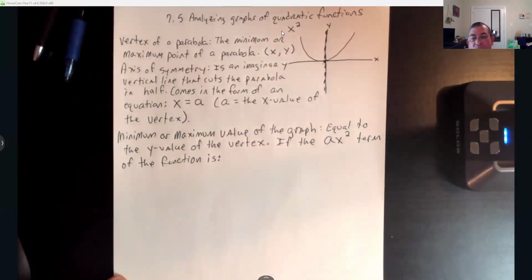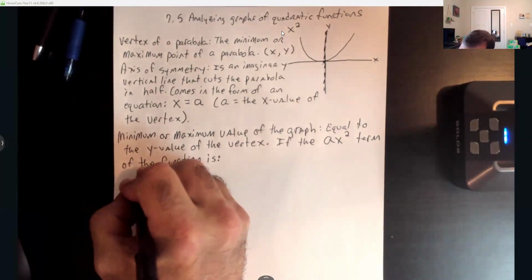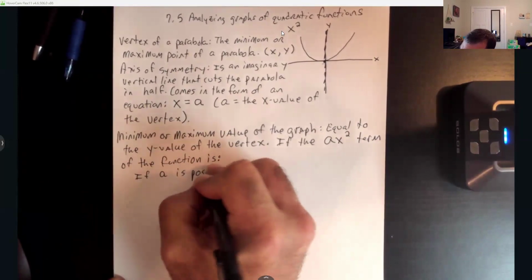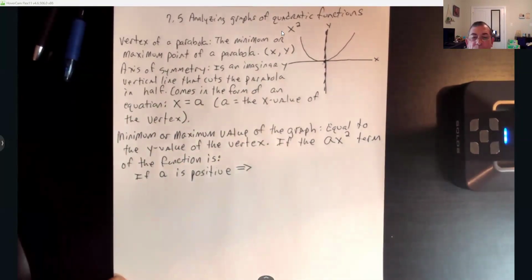Y'all, I'm looking at the first term of the function, the ax squared term. If that a is positive, we will have a minimum.